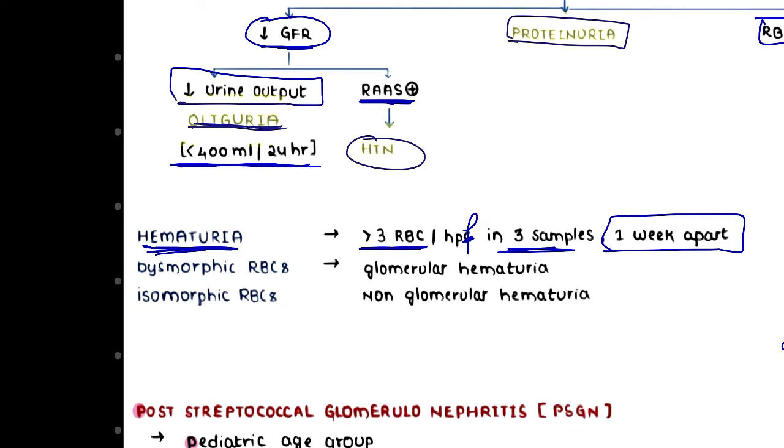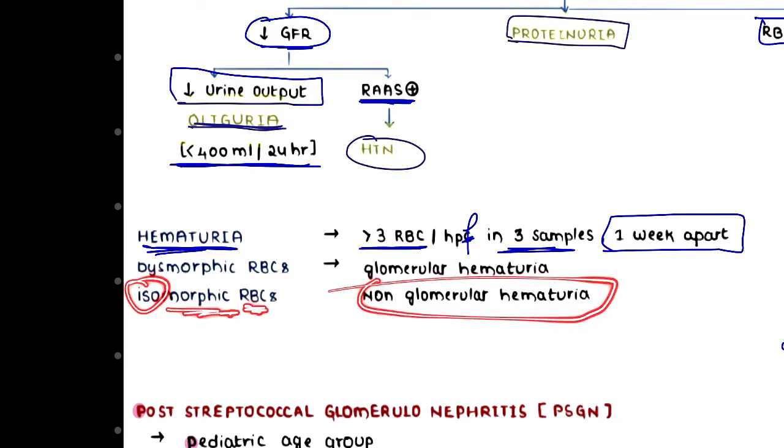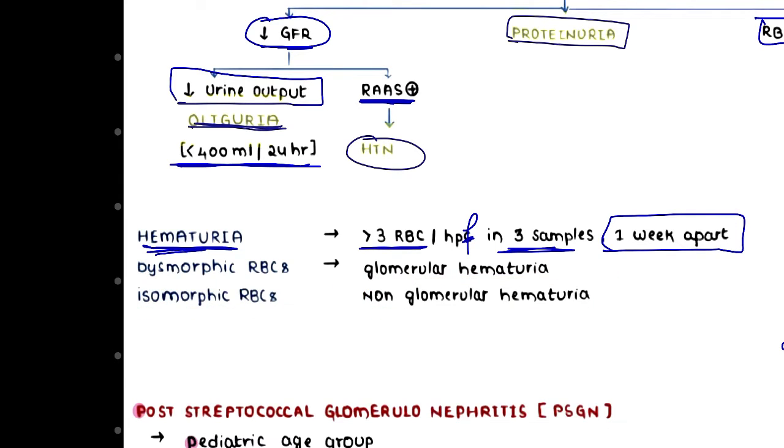But there is another condition, that is isomorphic RBC also. Isomorphic means of similar shape, and these isomorphic RBC are found in non-glomerular hematuria. This occurs in the case of stones.